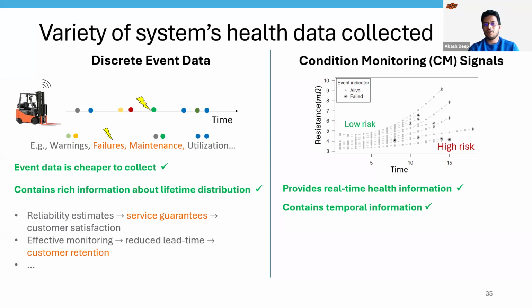So there are pros and cons on both sides. Both are really good in terms of making those decisions. So the main goal or objective, with the data that we have collected, is that we want to predict critical events, that is failures. And then once we have some idea of what's going to happen, we would like to take proactive actions.